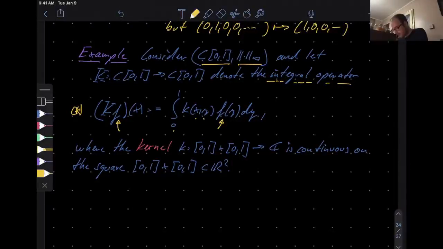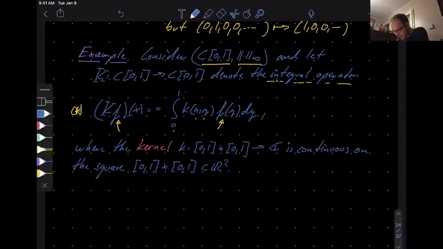It is a function that is defined on the square, [0,1] cross [0,1], complex valued in general, and we assume it to be continuous on that square. Okay, that's the operator. So it takes a function f, it integrates it against this kernel that depends on the auxiliary variable small x, and then it spits out another function. All right, that's the definition.